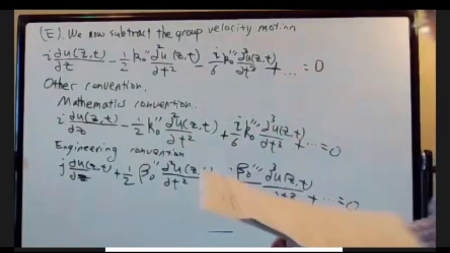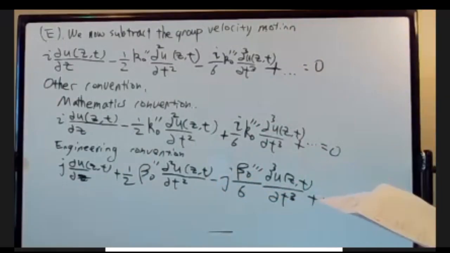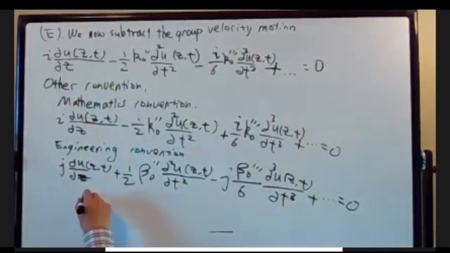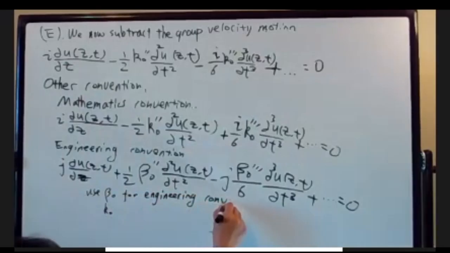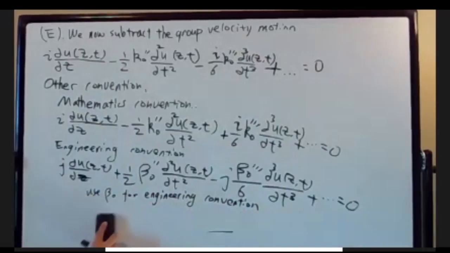But in engineering, we use K, we use beta. Use beta naught in engineering convention. Actually, it's the K naught in the mathematics and the physics convention, but in engineering convention, they use beta naught.